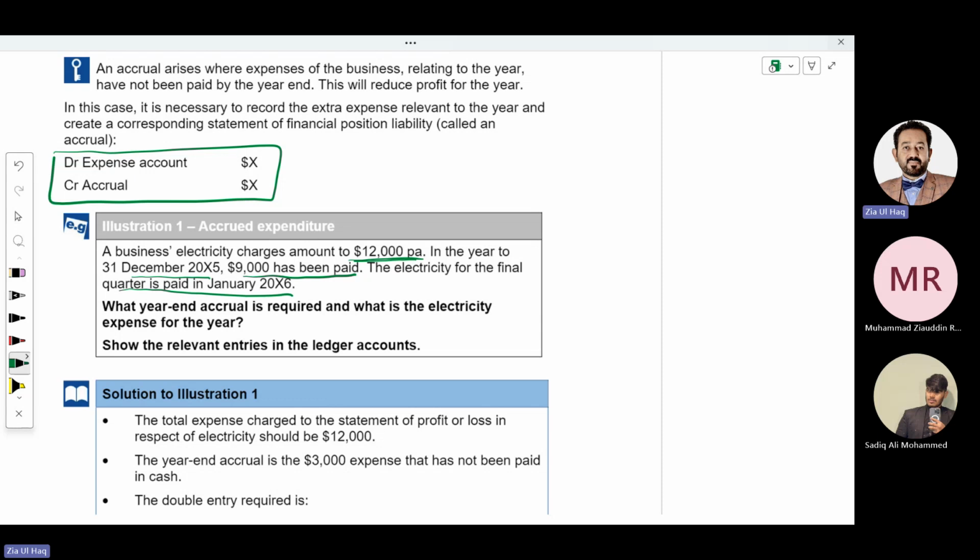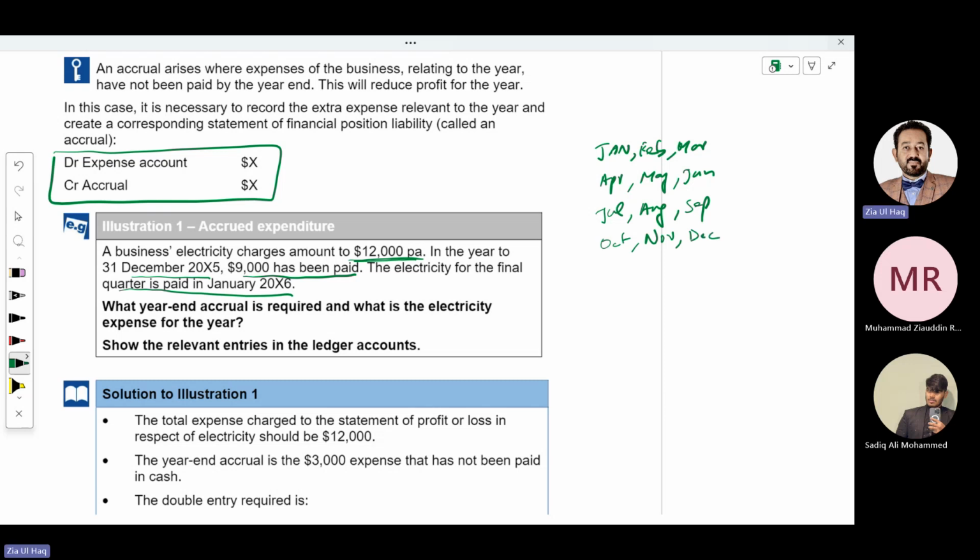Suppose the company year end is 31st December. So the first quarter will be January, February, March. Second quarter will be April, May, June. Third quarter will be July, August, September. Fourth quarter will be October, November, and December.